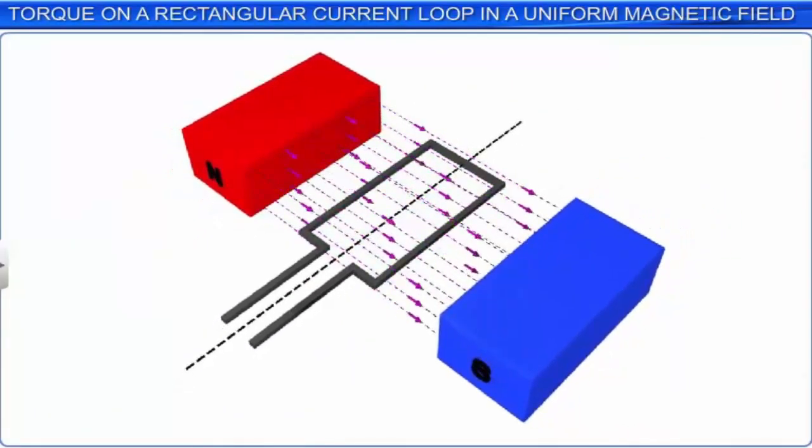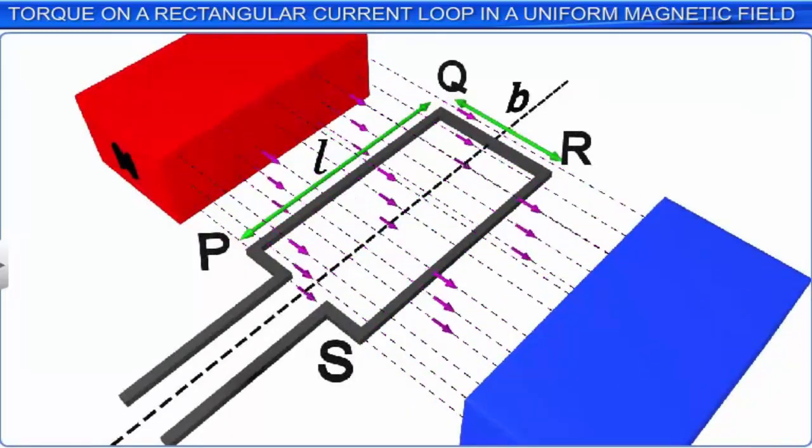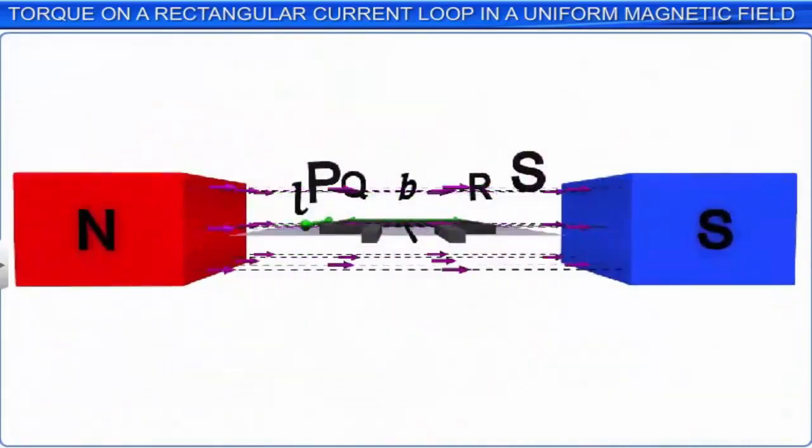Now, let us discuss the forces acting on a rectangular current carrying loop when it is placed in a uniform magnetic field. Consider a rectangular loop PQRS of length L and breadth B placed in a uniform magnetic field in such a way that the plane of the loop is parallel to the magnetic field.